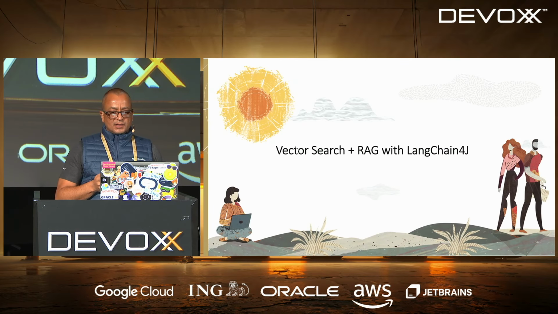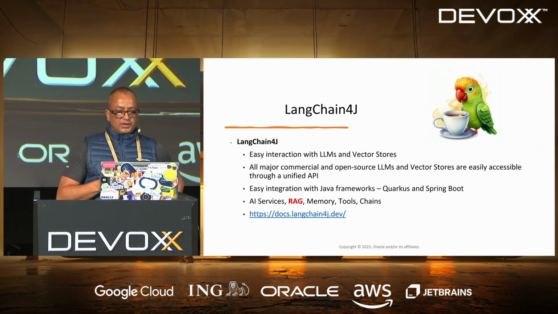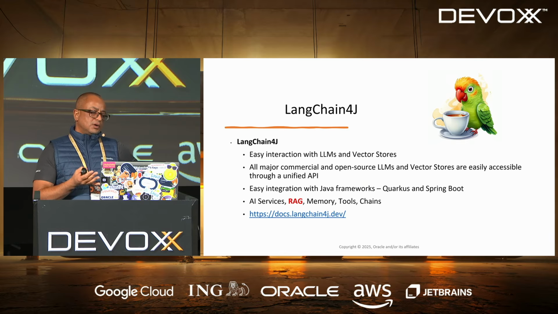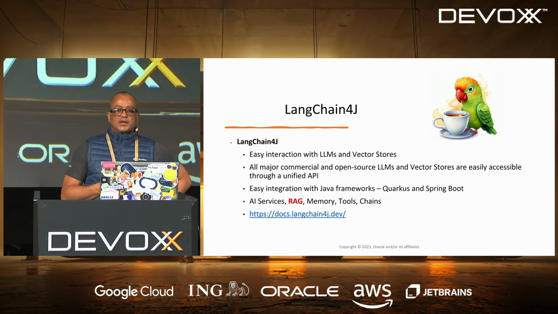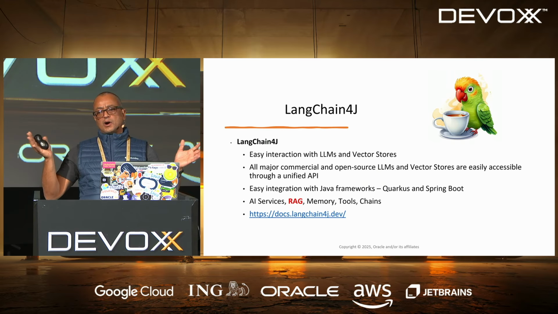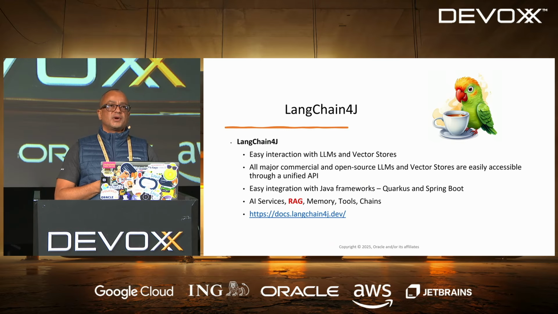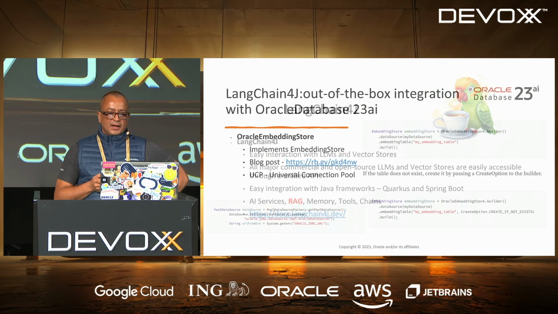All right, so let's have a look now at vector search with LangChain4J. I don't want to talk that much about LangChain4J. I assume that if you are a Java developer and you are exploring GenAI, you know LangChain4J. The documentation is fantastic, as I said, and it has all the different components for you to address all sides of GenAI related use cases, okay?